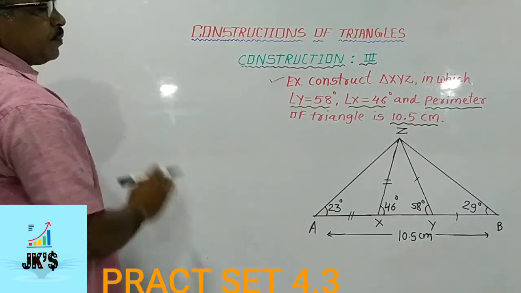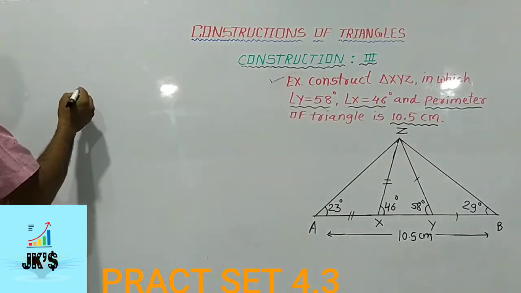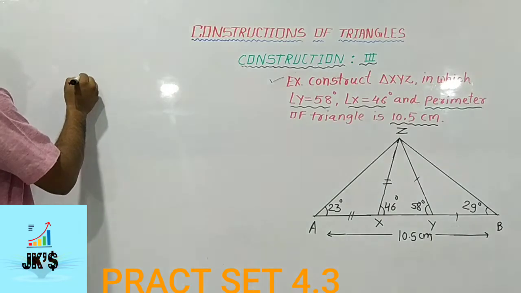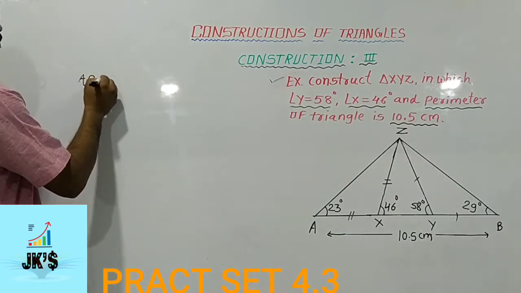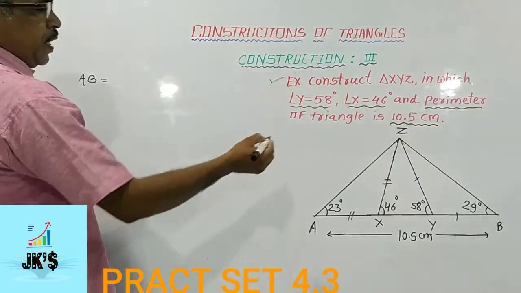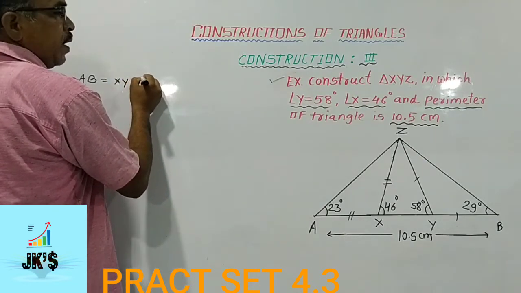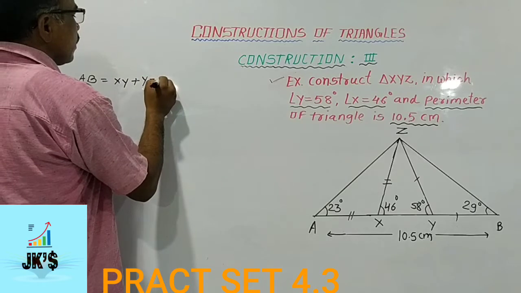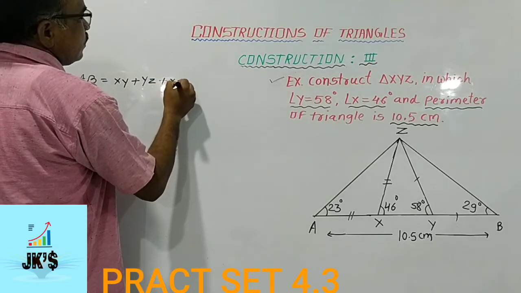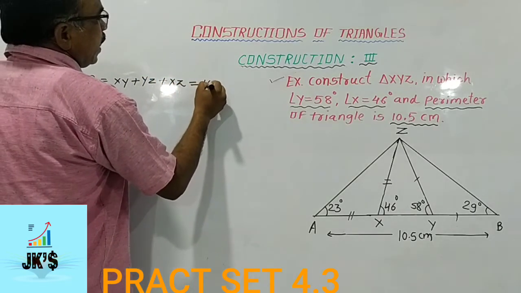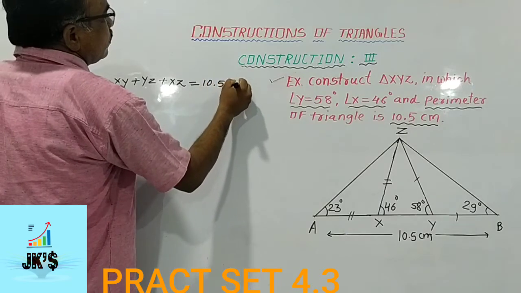Suppose friends, we consider AB equals the perimeter, means XY plus YZ plus XZ, and it is given as 10.5 centimeter.